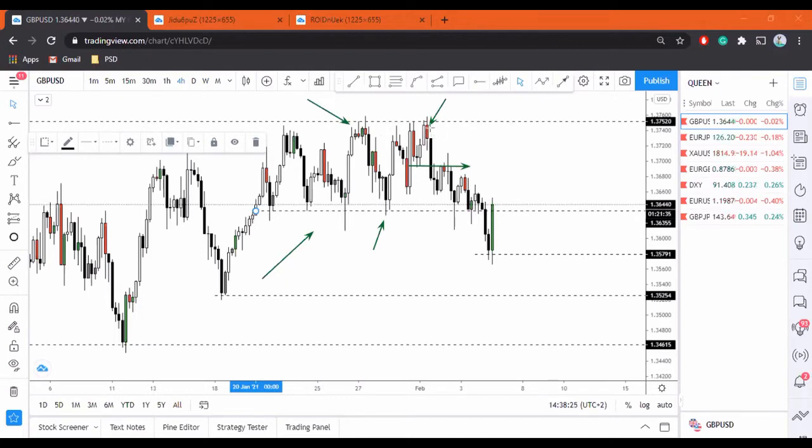So the ones who were buying and adding sells dropped the price lower so that the ones who were buying can lose money, and then more people can enter sales. The more people who enter sales, the more orders they have for them to buy the price. So that's why price came all the way down here to make this low today.